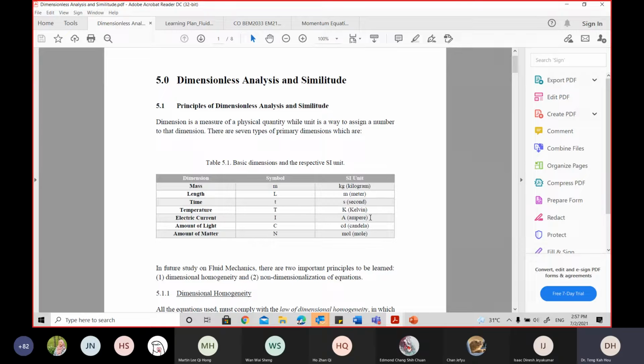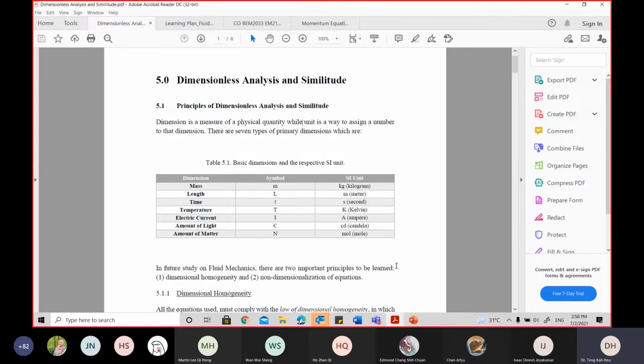These are specific to physics, electrical and chemistry, but I would say we rarely use these last 3. Very common is kg for the mass, meters for the length, seconds for the time, and kelvins for the temperature. So please bear this in mind.